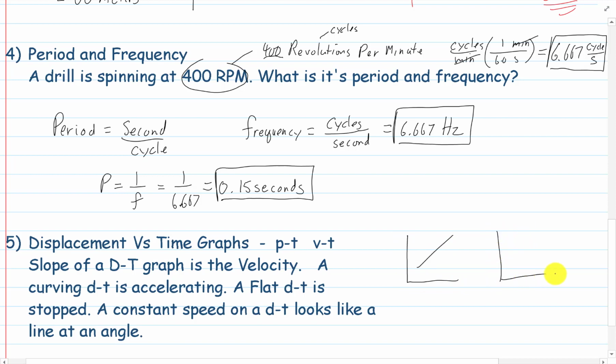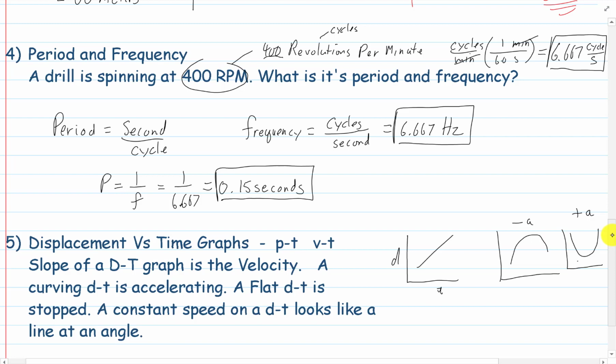And if it is curved, this is accelerating, and this is accelerating. This is a positive acceleration, and this is a negative acceleration. So these are some of the things that we did with dt graphs.